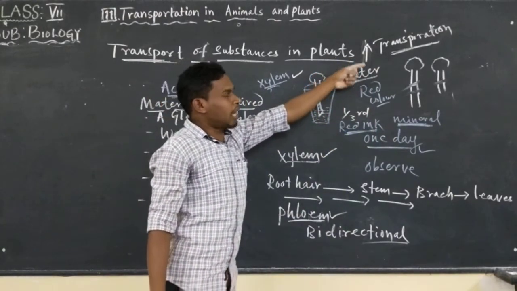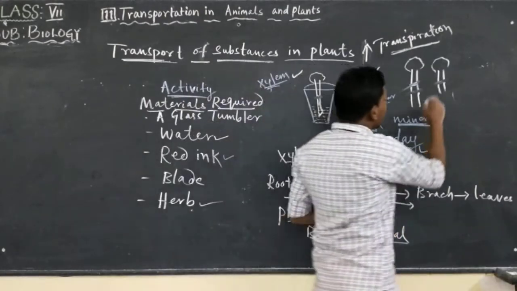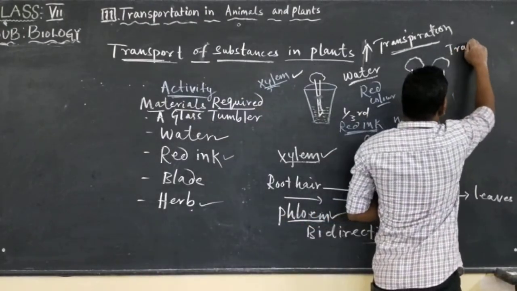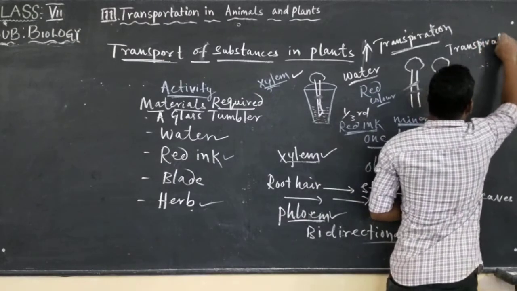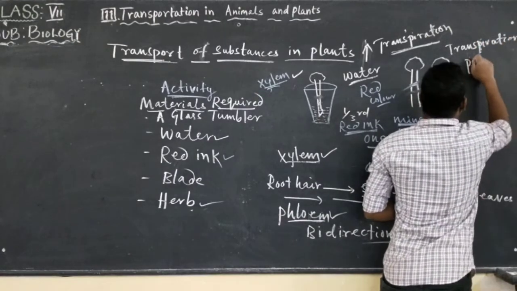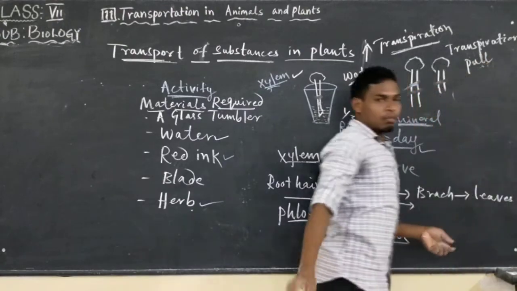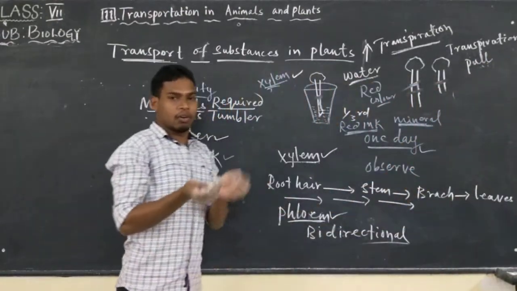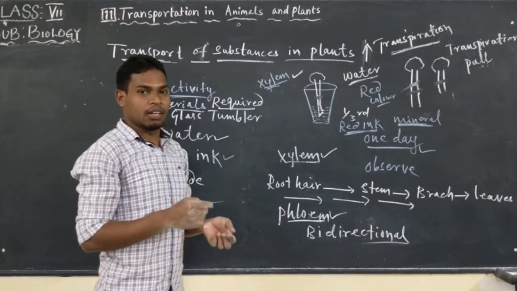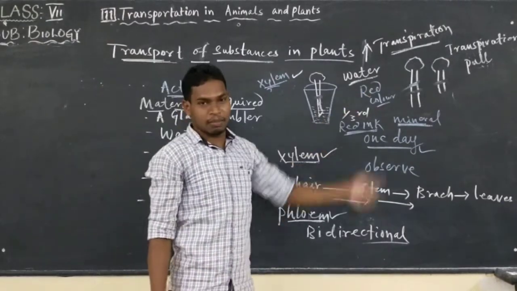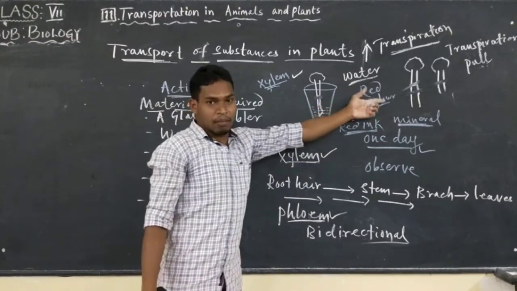So that process is known as what? Transpiration. So transpiration generates what? Transpiration pull. This transpiration pull is just like taking a coconut and sucking the water through a straw. So it generates transpiration pull in the plant.